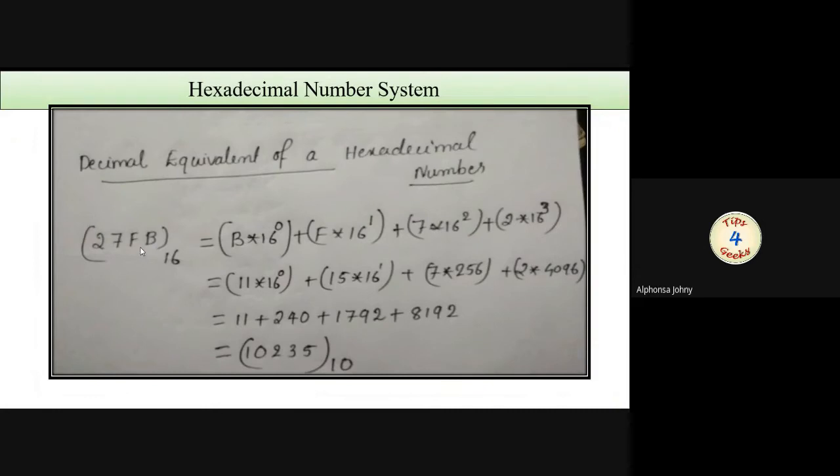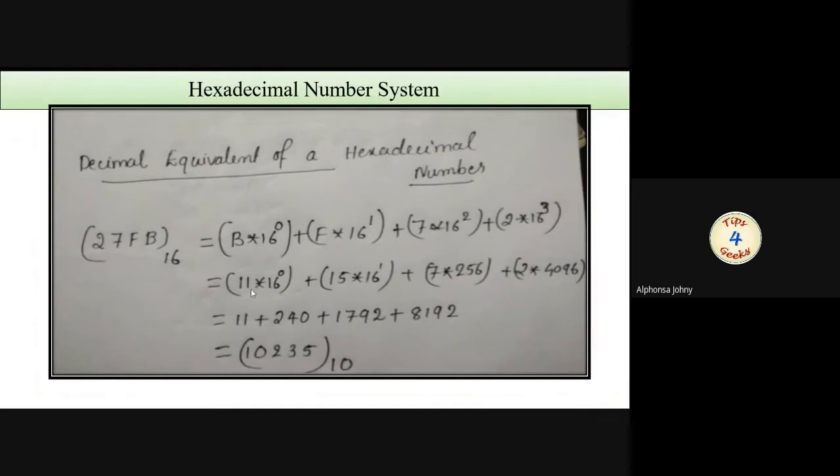First, we have to convert F and B to their equivalent numbers. I am taking the rightmost digit B: B into 16 raised to 0 plus F into 16 raised to 1 plus 7 into 16 square plus 2 into 16 cube.